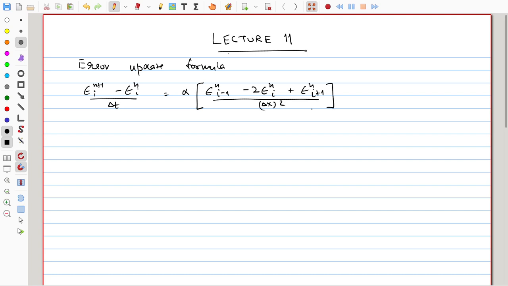So this is the error update formula for the forward time center space scheme for the parabolic equation that we've been talking about.